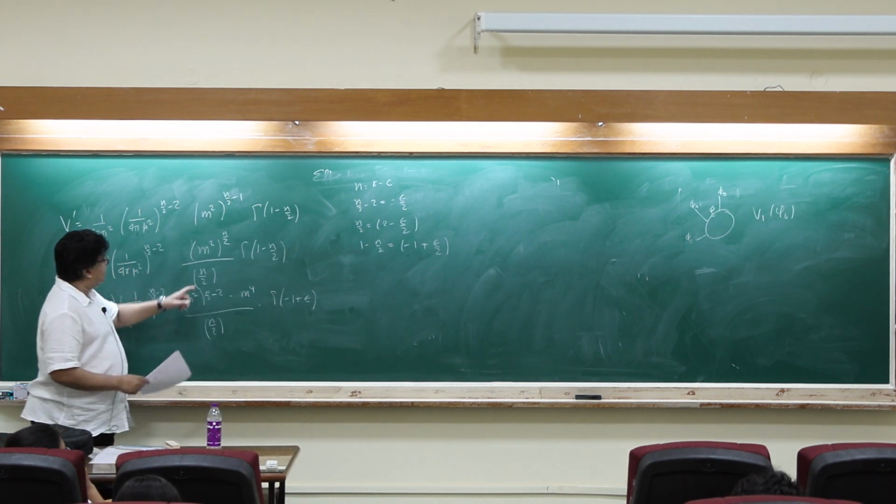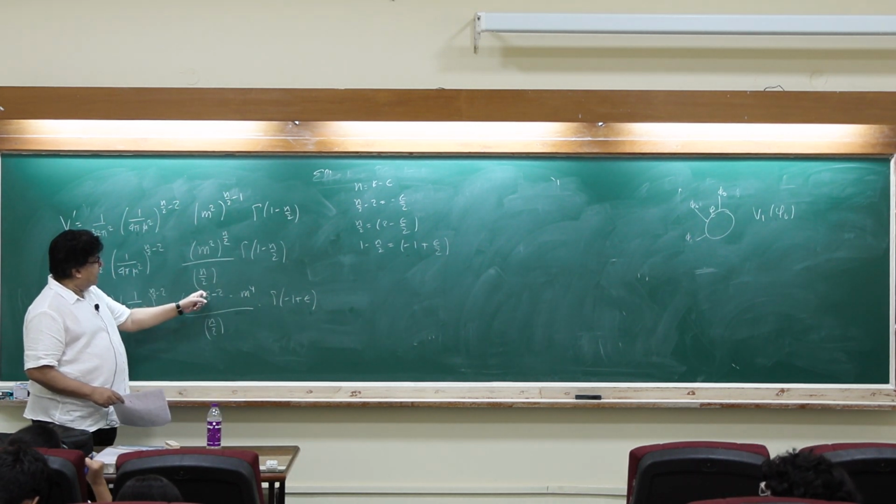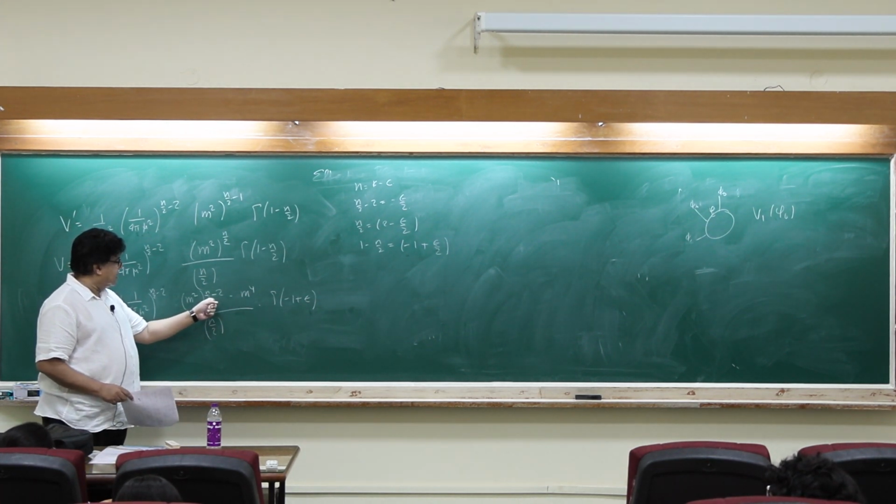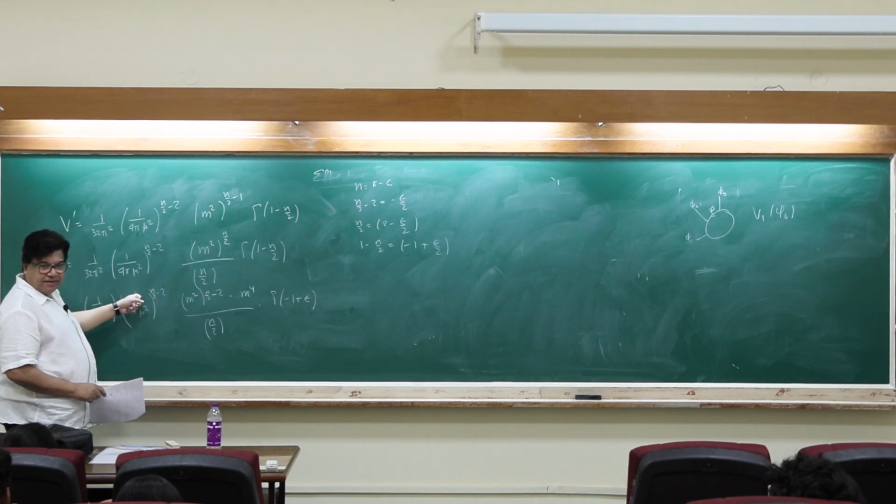So I will write this m square to the n by 2 as n by 2 minus 2 multiplied by m4, and I'll take this n by 2 minus 2 inside this bracket here.